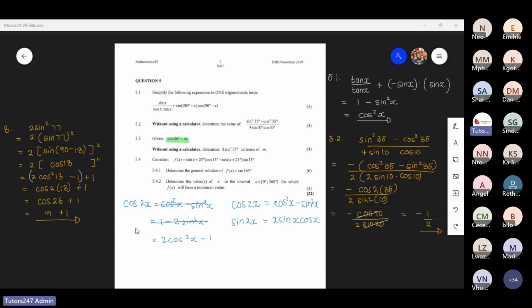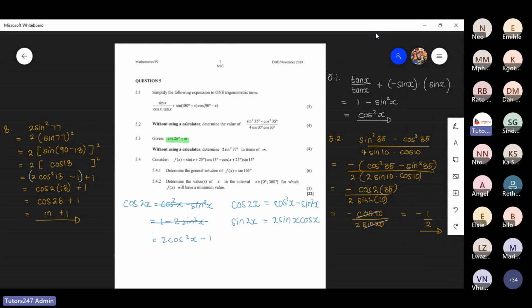Explain how we got rid of the brackets in the fourth step. How I got rid of the brackets. Are you talking about those white brackets that I've introduced over there? Technically, those are not brackets from the question. I just introduced them for you to see that part is the double angle formula.